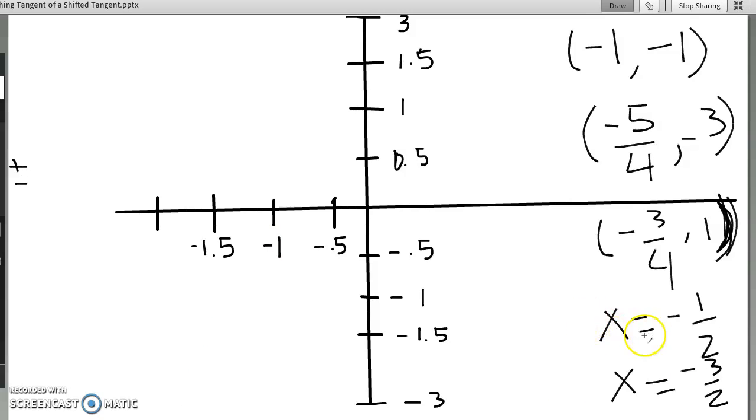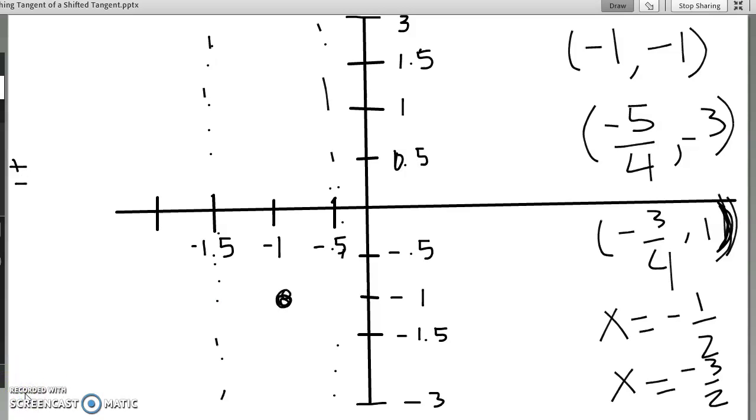I'm going to start off with my asymptotes again at negative 1/2 and negative 3/2. So negative 1/2 is right here. So it's my x equals negative 1/2, and x equals negative 3/2 is right here. So those are my asymptotes. So my graph should be in between those two invisible lines that we really don't have. And then I'm going to plot my points. So the first one is at negative 1, 1. So that point is right here. Then we have negative 5/4 and negative 3.